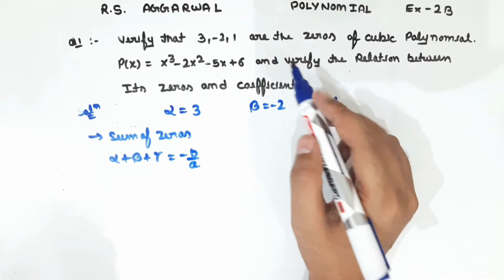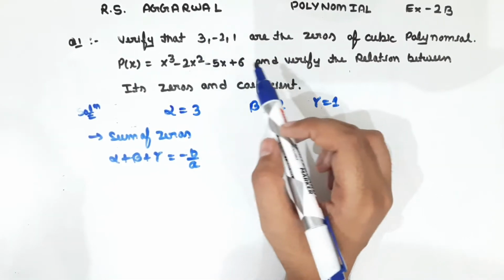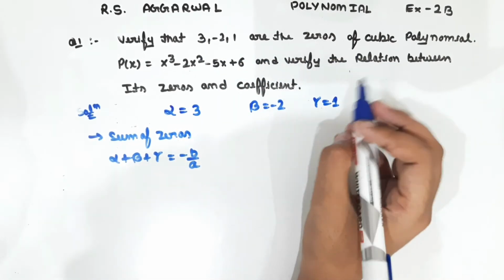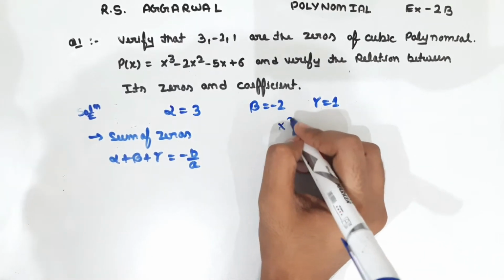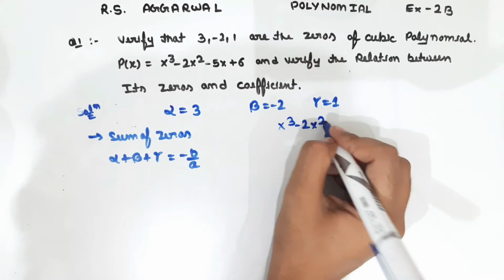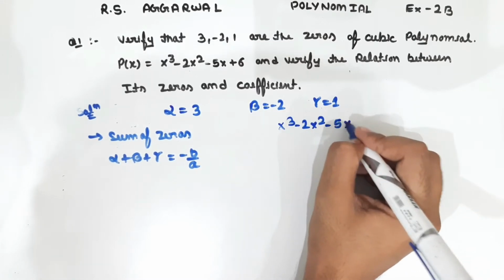Now comparing the given polynomial with the standard form of a cubic polynomial. So we have the polynomial given, x cube minus 2x² minus 5x plus 6.